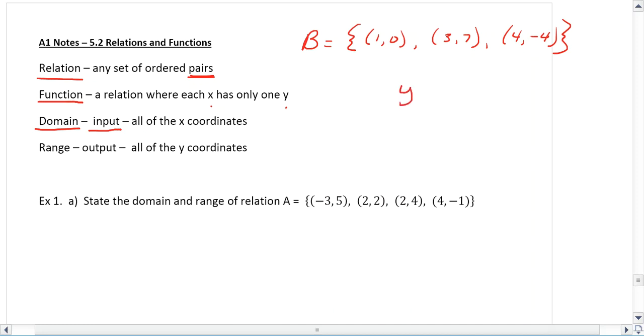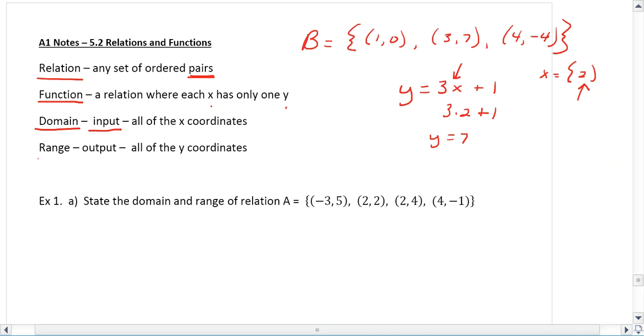Remember when we had like y equals 3x plus 1. The input, the x, the domain is what number goes in here for x. And then let's say we had a domain that x is supposed to be equal to 2. So you put the 2 in there, it becomes 3 times 2 plus 1. So 6 plus 1, y is 7. So this 2, this is the input, this is the x coordinate.